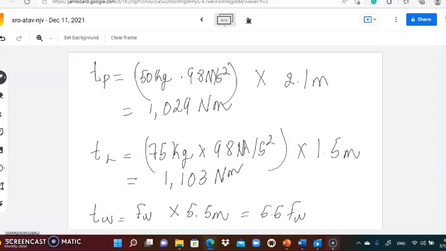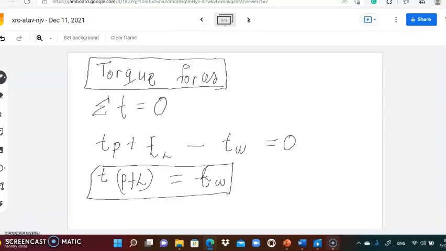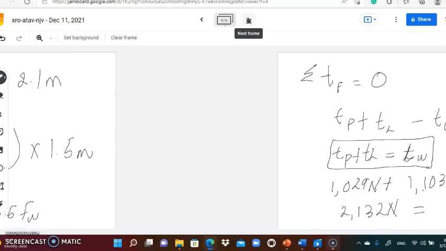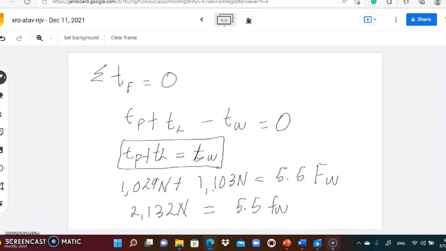Force times distance is in newton meters, so let's just make that quick correction.